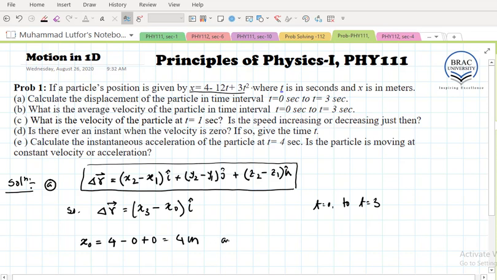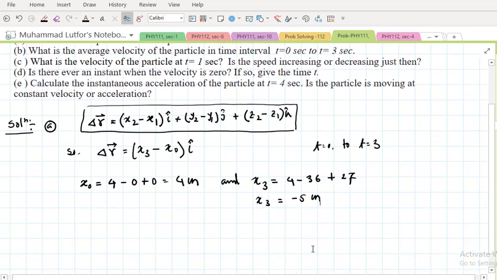Same way for x3, I plug t equal to 3 into that equation: 4 minus 36 plus 27. So x3 would be minus 5 meters. Minus 5 means it's towards the negative direction. Now I can find the displacement.